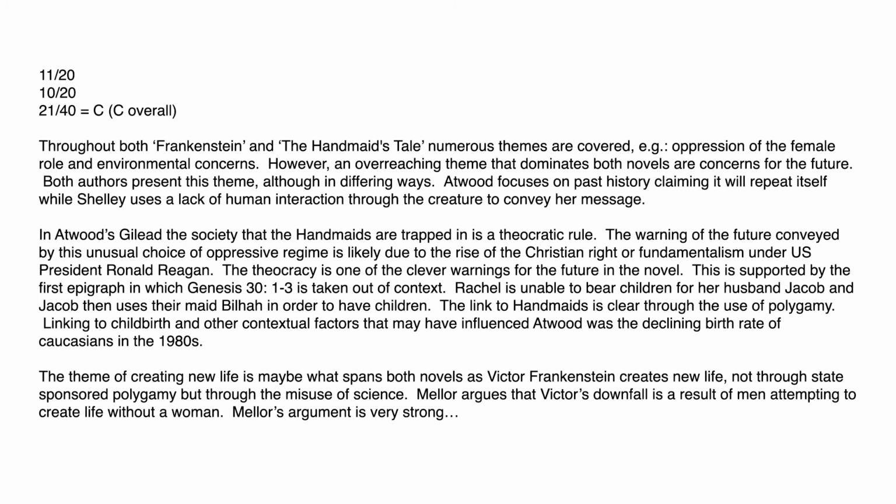This is supported by the first epigraph, in which Genesis chapter 30 verse 1 to 3 is taken out of context. Rachel is unable to bear children for her husband Jacob, and Jacob then uses their maid Bilhah in order to have children.